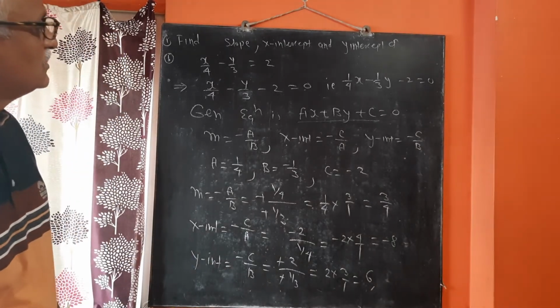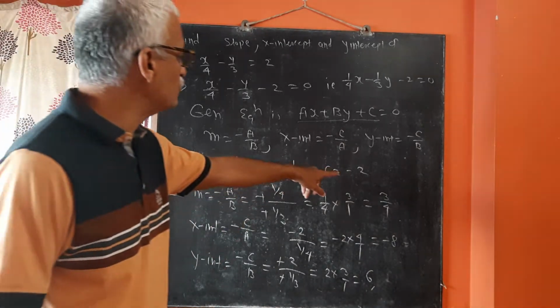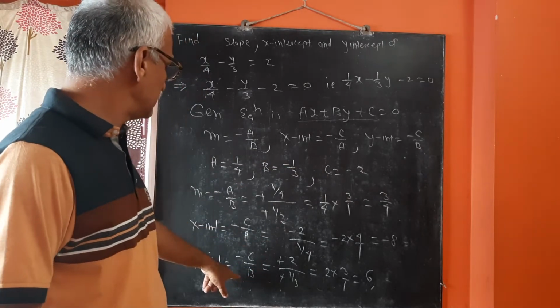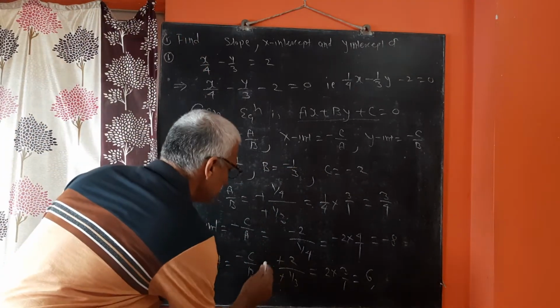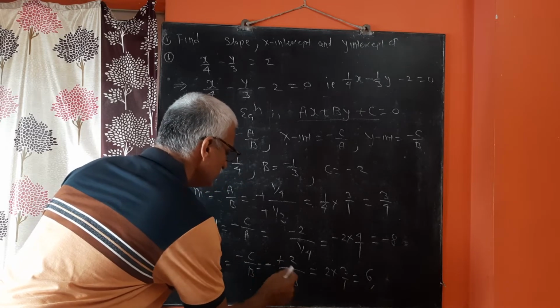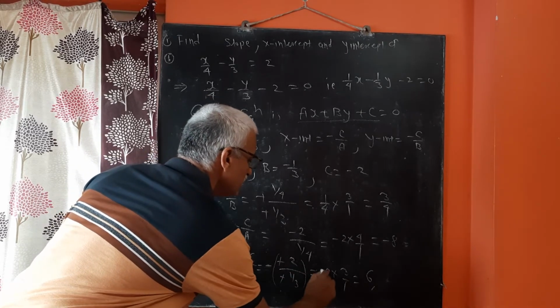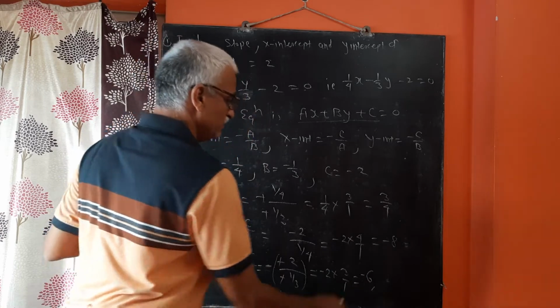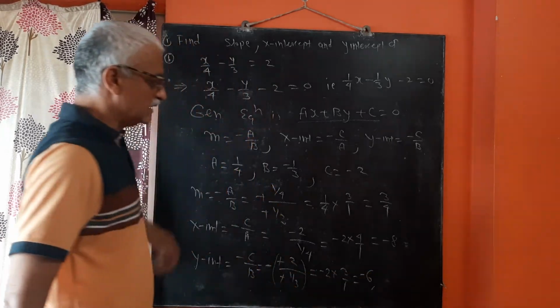Just something is wrong. C is minus 2, B is also minus. So this is minus of, minus is here, C is minus 2. That means this will be minus 2 and this will be minus 6. Make the correction.